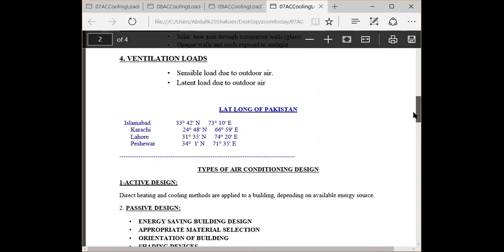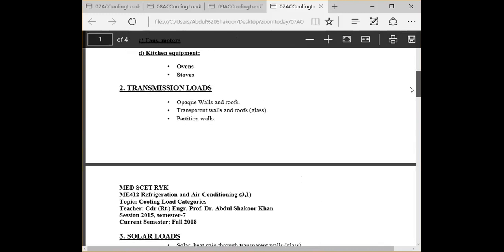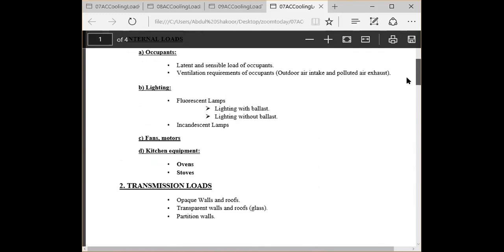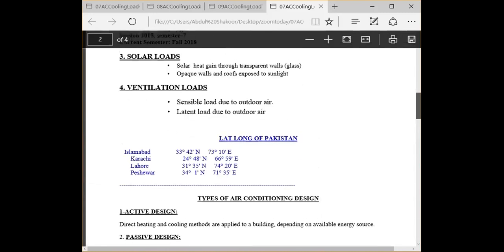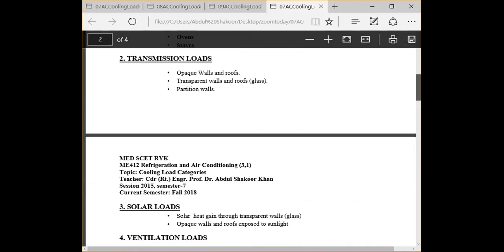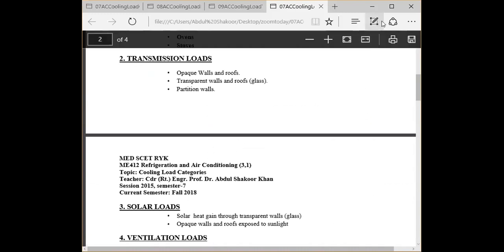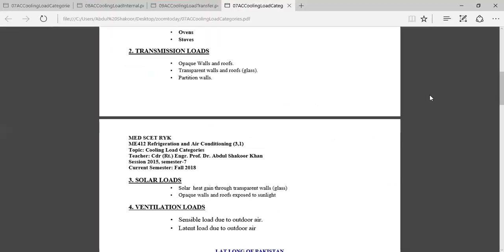From there, having proper data, calculate these four categories: what is internal load, what is transmission load, what is solar load, what is ventilation load. So this is called active design, and the AC engineer's job is to perform this type. So this is how we design HVAC.